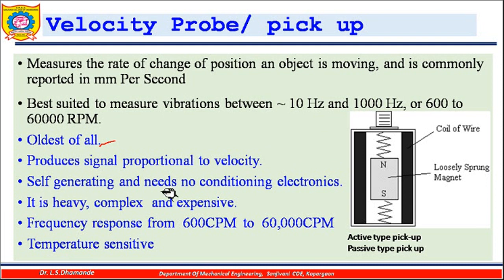It is self-generating and needs no conditioning electronics for this kind of instrument. But it is heavy, complex, and expensive. This is the frequency range for which it can be utilized, and it is more sensitive to temperature. That is what we have to say about this velocity probe or velocity pickup.